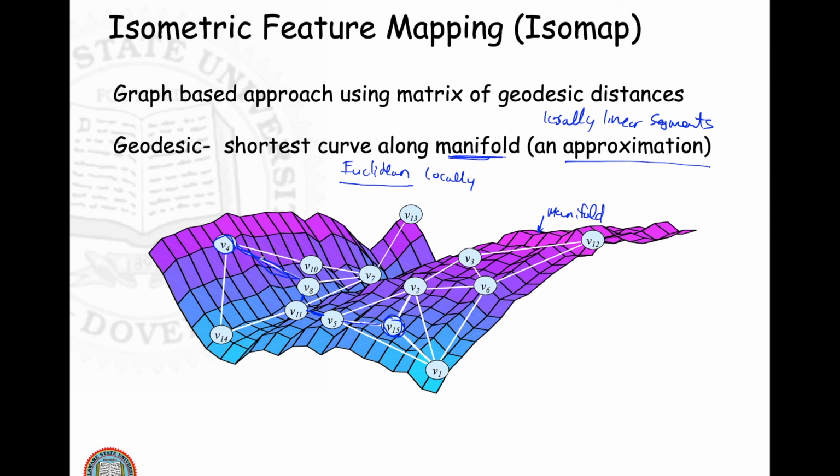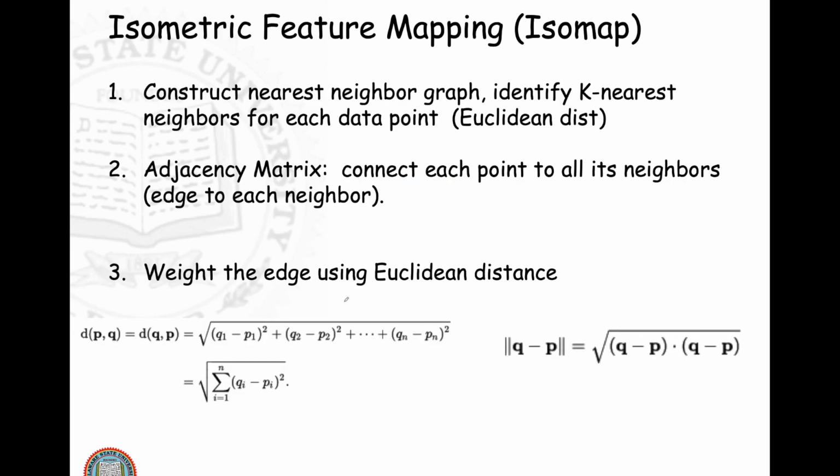And so each one of these edge weights, the sum of them, the first edge plus the second edge plus the third edge plus the fourth edge, that sum along the path in this nearest neighbor graph is going to be used as the distance between vertex V4 and vertex V15, even though they're not directly connected. And so we're going to construct an adjacency matrix that connects each point to every single neighbor. And then we're going to weight the edges using Euclidean distance and run Dijkstra's algorithm, which will fill in this adjacency matrix for points that are not directly connected to one another.